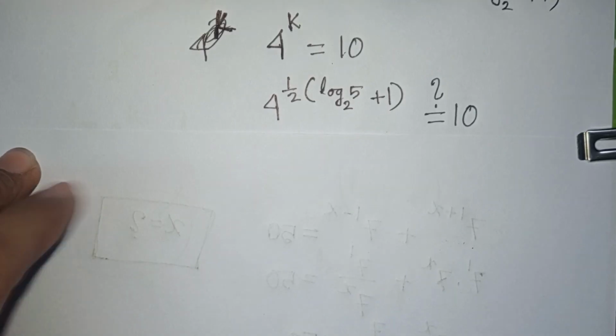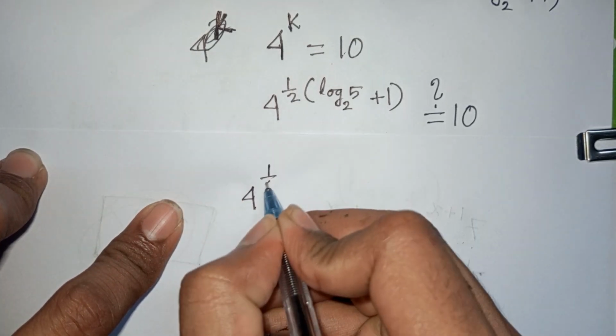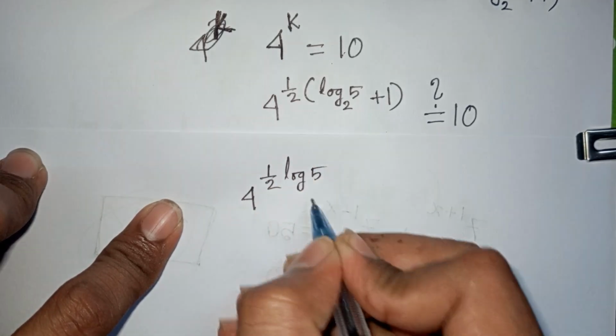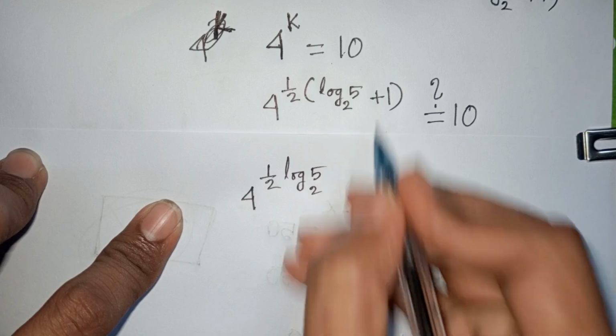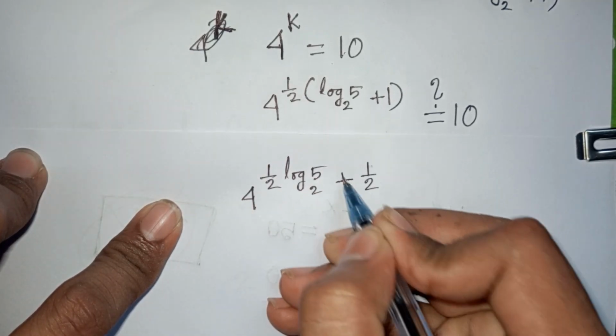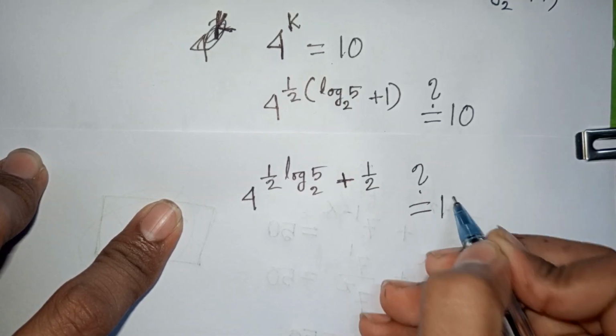Now 4 power of 1 by 2 log 5 base 2, then plus 1 by 2, then is equal to 10.